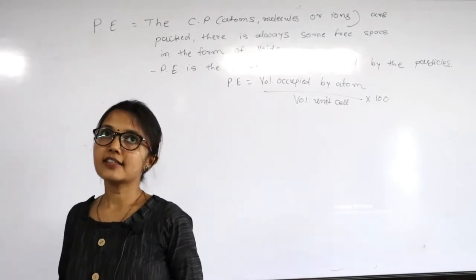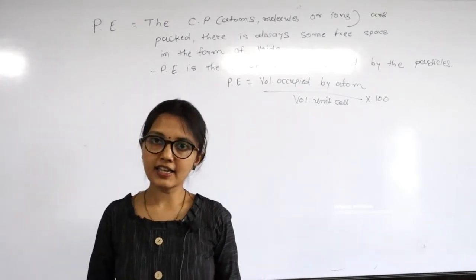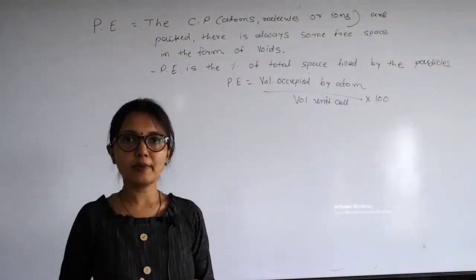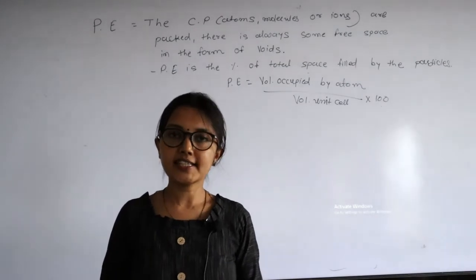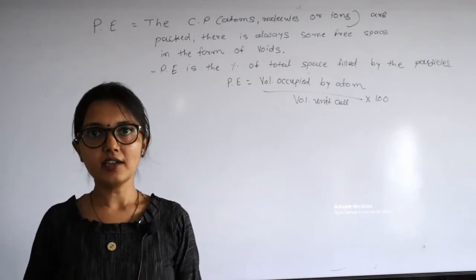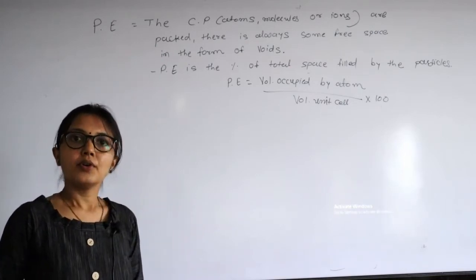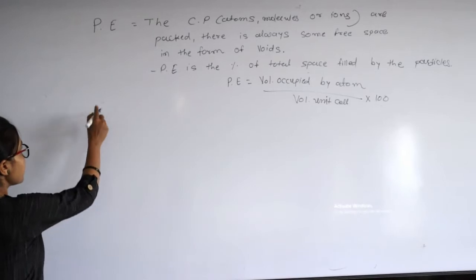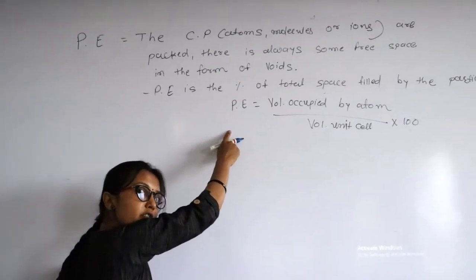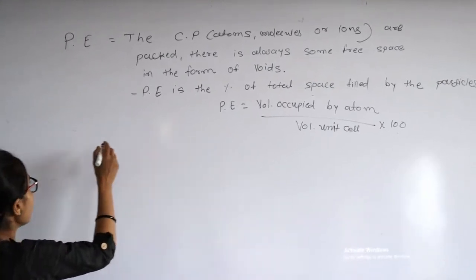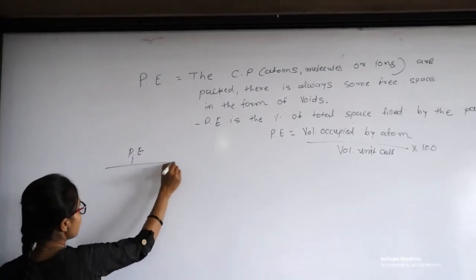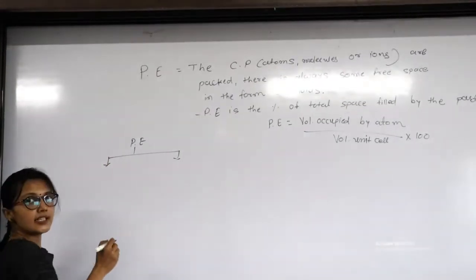Now friends, how many types of packing efficiency are there in total? 3 types: simple cubic, FCC, and the third one is BCC. So this was the definition and the formula of packing efficiency, and packing efficiency has 3 types in total.